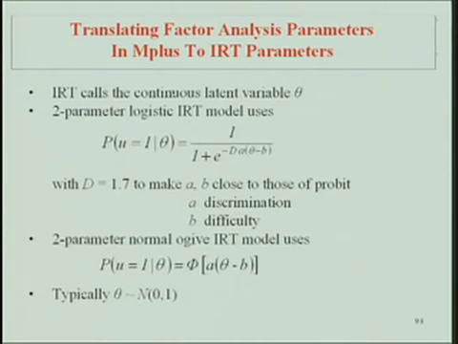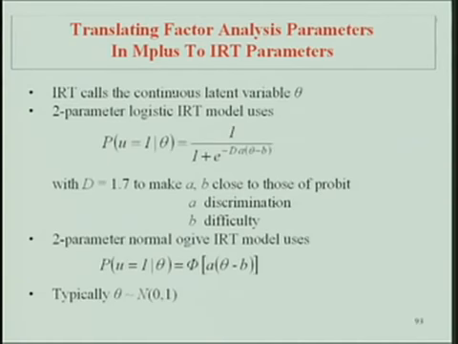A is a discrimination parameter and B is a difficulty. A multiplies theta minus B. It's not A times theta and then B, but you actually would have A times B here, right? So this is a parameterization that is chosen so that when the ability is equal to B, when theta equals B, that term will be 0.